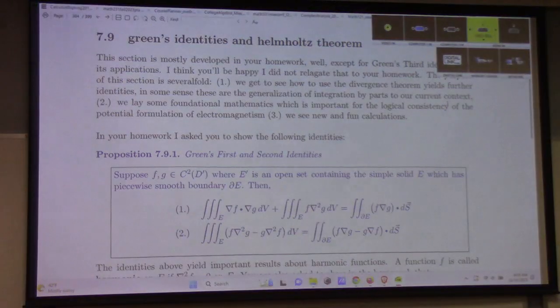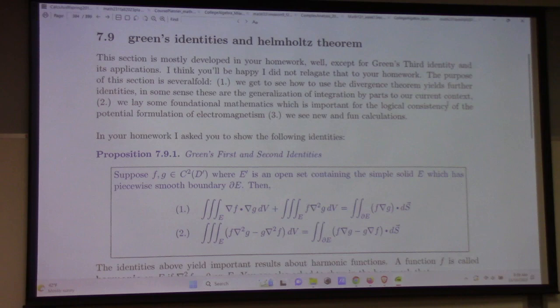Because the theory that I present here, these are the next step past Green-Stokes and the divergence theorem. So these are Green's identities and Helmholtz's theorem. And so here's Green's identities.